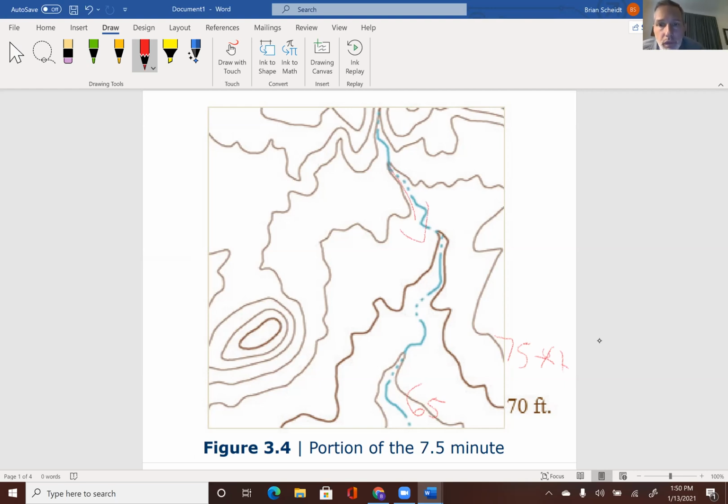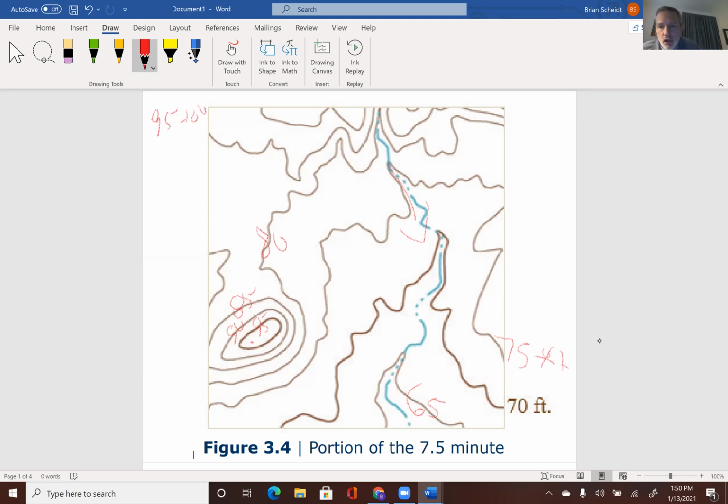Again, I can count, if I know that this is 70, that means that this would be 80, 85, 90, 95. So the highest elevation here would be right in the middle, which would be higher than 95, but less than 100. So I'm going to call my high elevation 95 to 100.